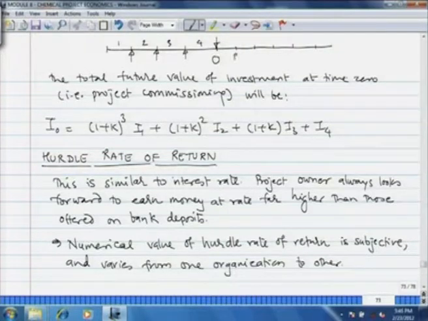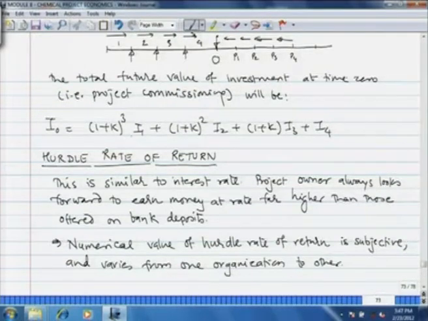Here we have profits P1, P2, P3, P4. We have already discounted these profits to time 0 by the summation that we saw just now, and now we have to compound these investments in the future direction and then compare the two at time 0.